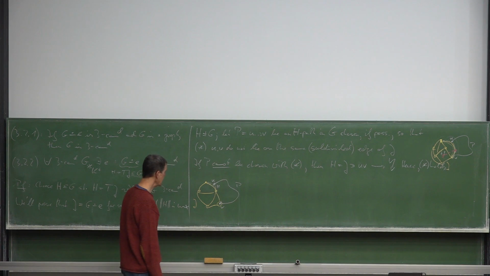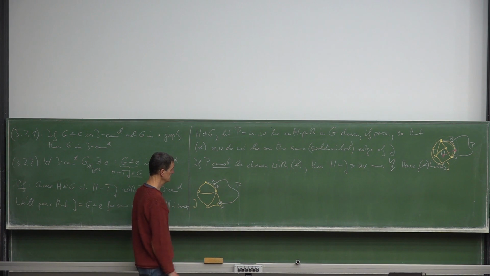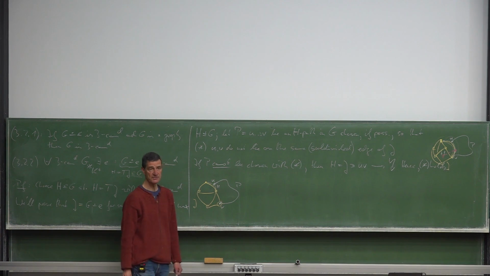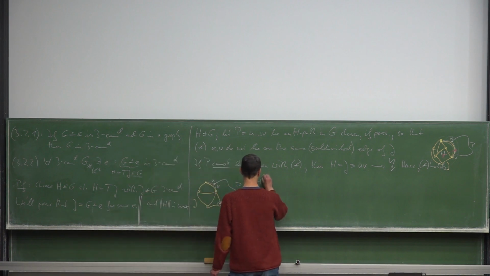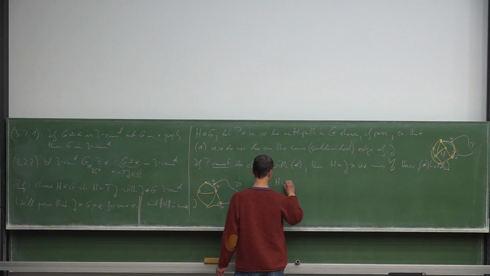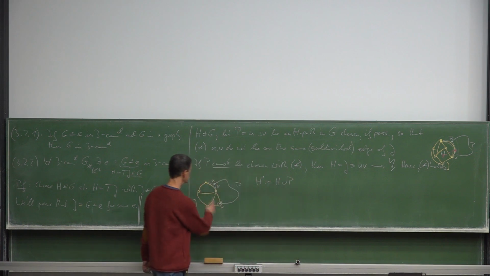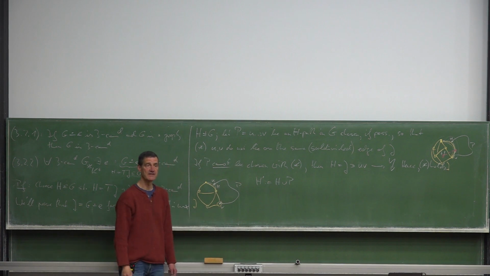Okay. So now we can just add P to H. U and V are not going to be an edge of J now, because then they would be on the same subdivided edge of J. They're not going to be an edge of J, so if we add this P, then we get an H prime that has an additional subdivided edge.